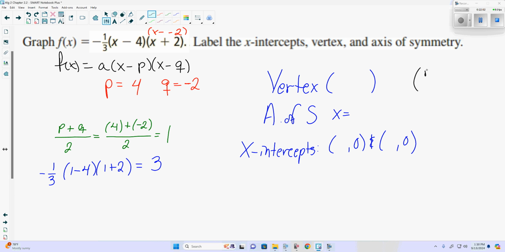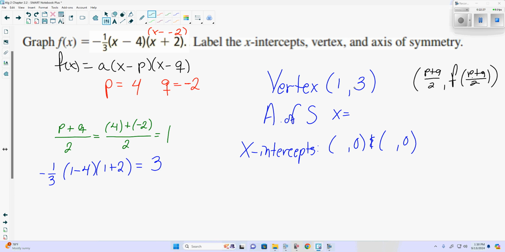So our vertex in the general form was our p plus q over 2, comma f of p plus q over 2. We found the p plus q over 2 to be 1. And when we plugged it back in, we got a value of 3. So the vertex is 1, 3.